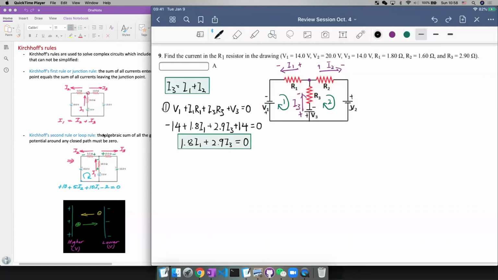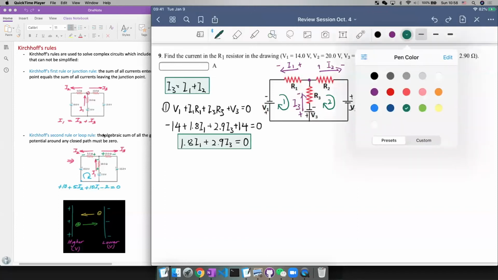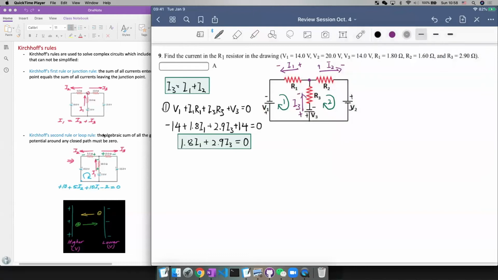Okay, since I recorded this, let me show you why the direction you choose for this circle doesn't matter. All right, so let's see if we have circle 3. Circle 3 is counterclockwise, right? But still, we're still gonna have this equation. Why? Because, okay, let's check.